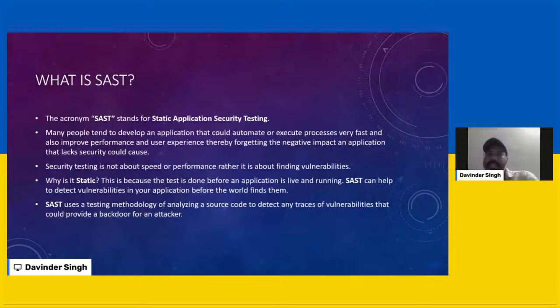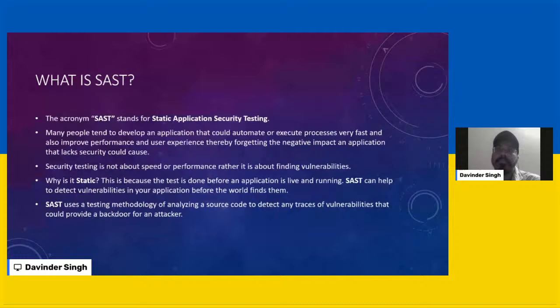Okay. So why is it static? It is because the test is done before the application is live and running, and SAST can help to detect vulnerabilities in your application before the world finds them. Some of the famous SAST tools are Fortify. With Fortify you can do the static code analysis, and you can find the remediations.